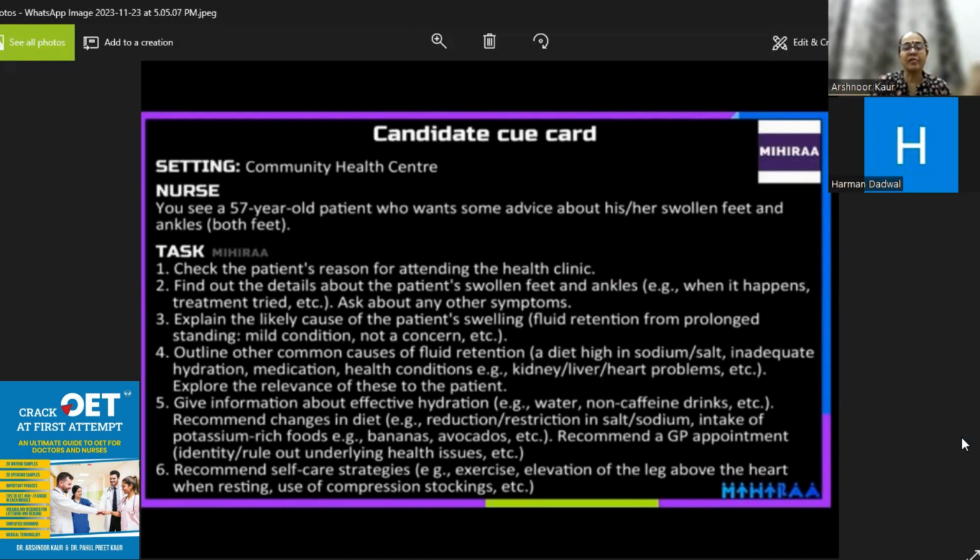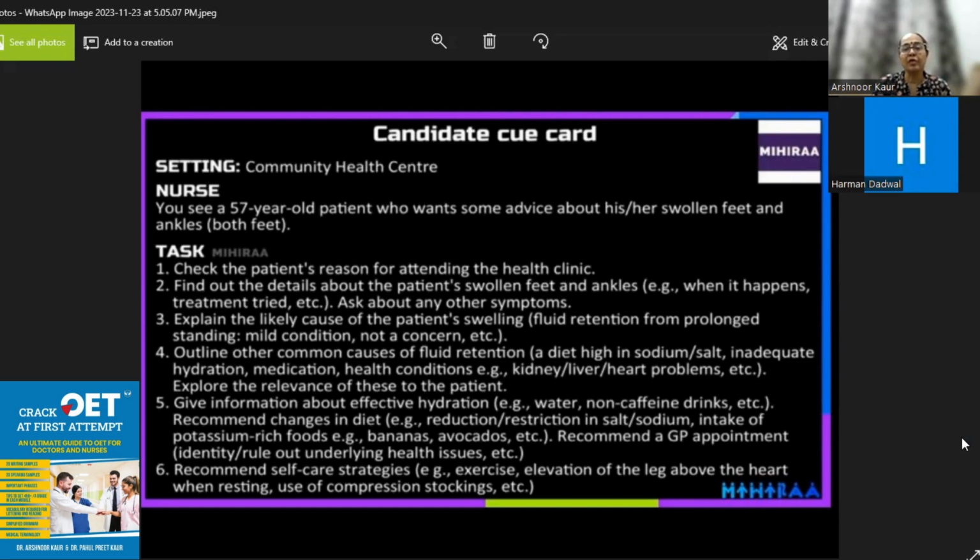recommend self-care strategies like exercise, elevation of the leg above the heart when resting, and use of compression stockings. Mr. Wilson, one thing crucial for you. Do not keep on standing for a long time.